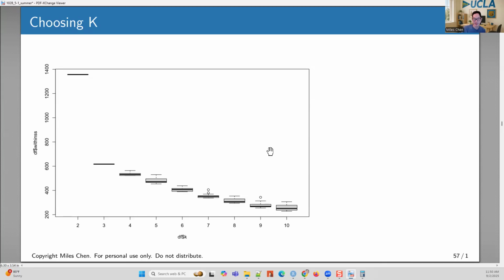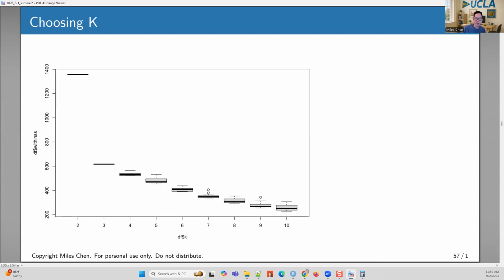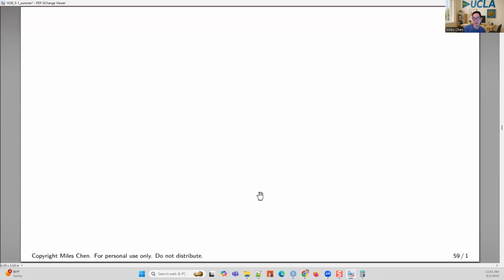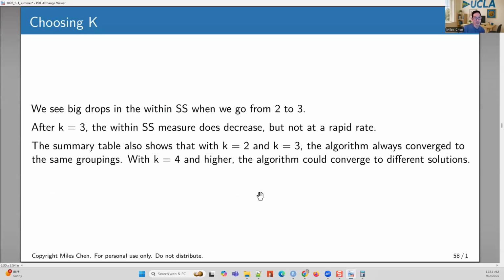A lot depends on your infrastructure and things like that. Anyway, I said there are big drops when we go from 2 to 3. After k equal to 3, the sum of squares improves, but not as dramatically. So, who knows? So that's k-means clustering.